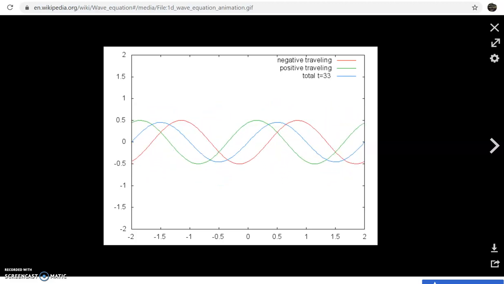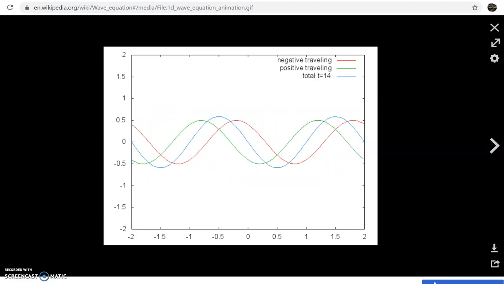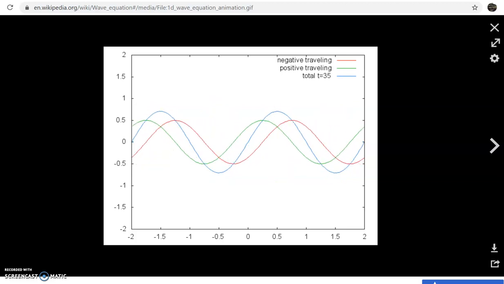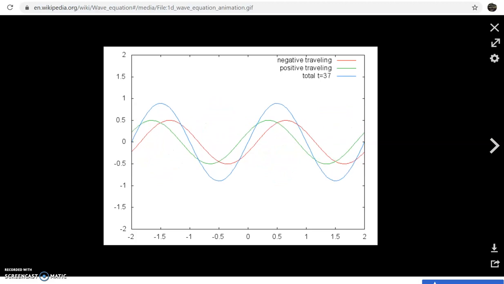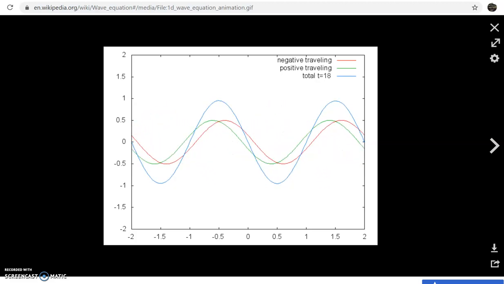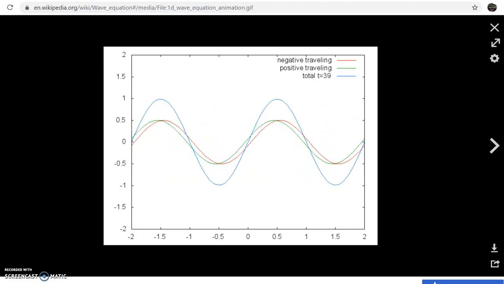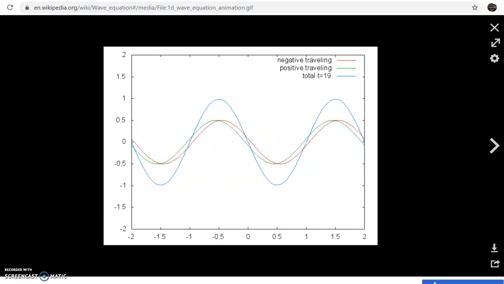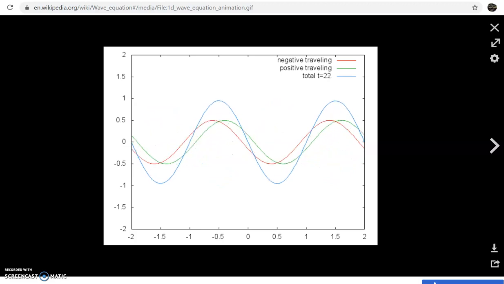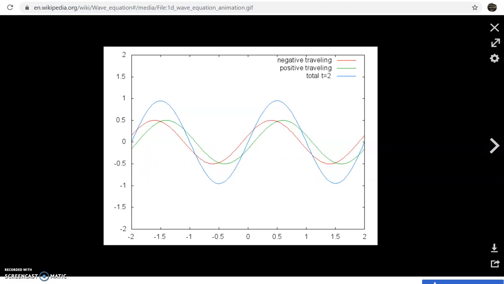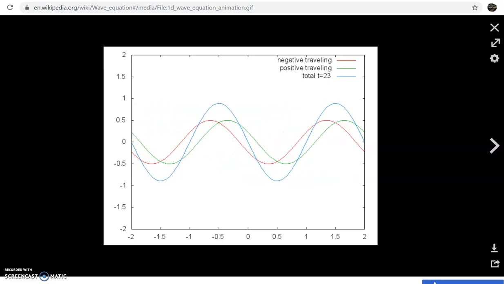Okay, and so you get the sum of those two waves, and that's giving you this oscillation of the string, again the blue one. That's I think a very nice part in differential equations. Okay, thank you very much.